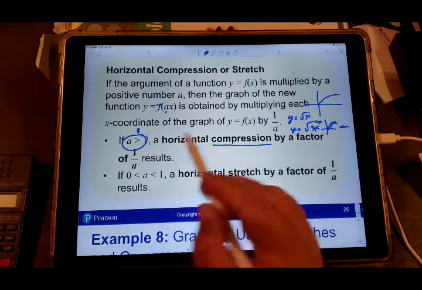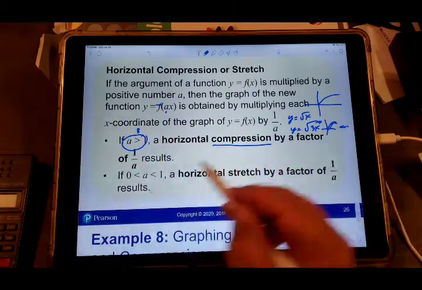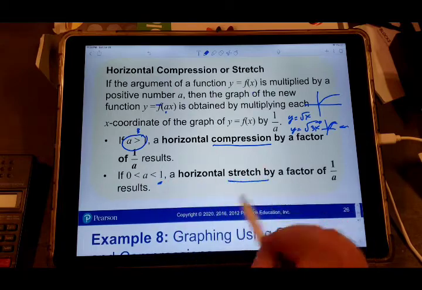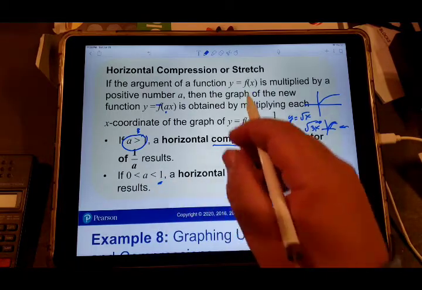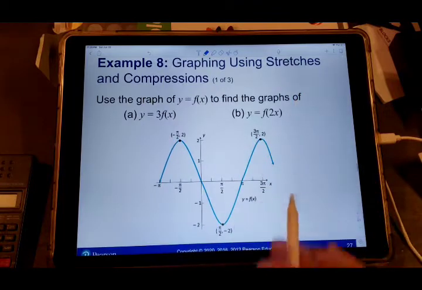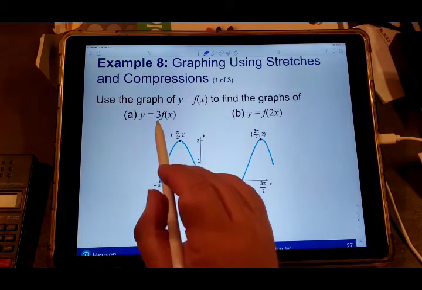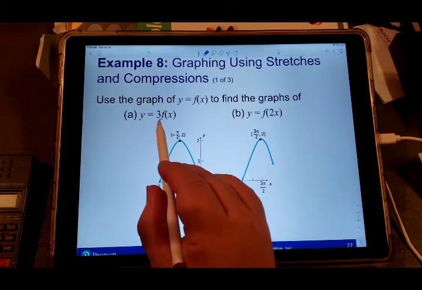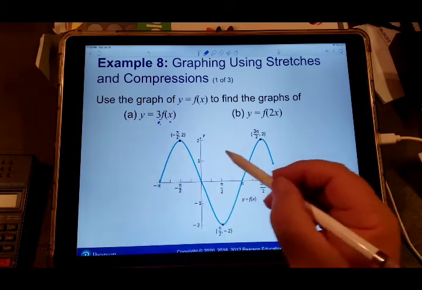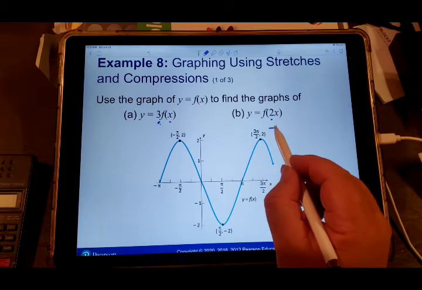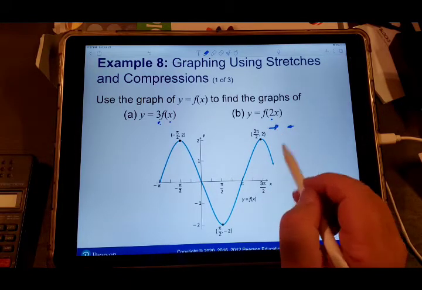You multiply by a big number, that's a bigger compression. You multiply by a number between 0 and 1, that's how you stretch along the x-axis. It's easy to see once you do it. So here's an example of a function. This 3, because it's not directly on the x, means it's stretching the y. And this 2, because it's directly on the x, is compressing along the x-axis.